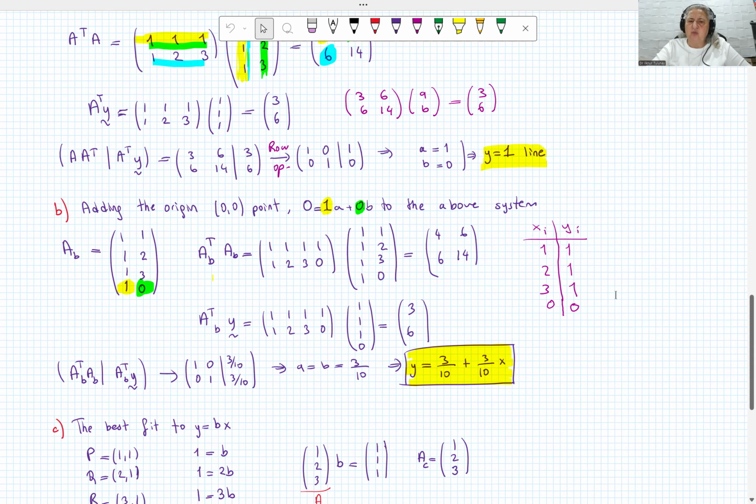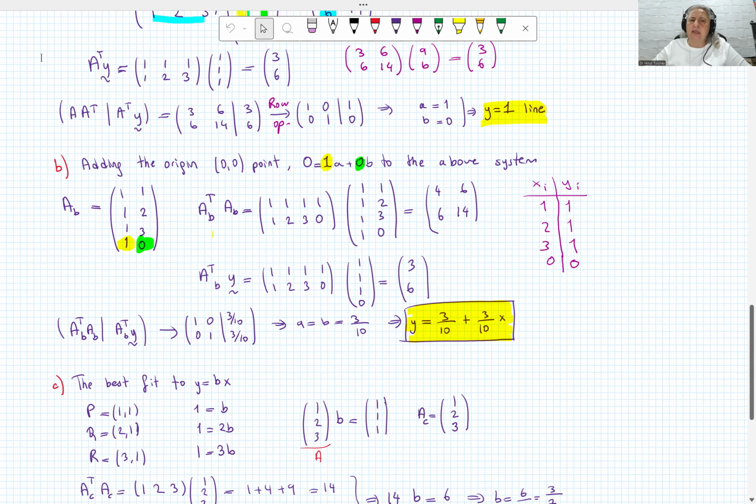Now, in the second part of this question, it says to add the origin to the data set. Then, again, the coefficient of A is 1, xi is equal to 0, yi is equal to 0. That makes the matrix A: 1, 1, 1, 2, 1, 3, 1, 0. This will be the expansion of the data set.